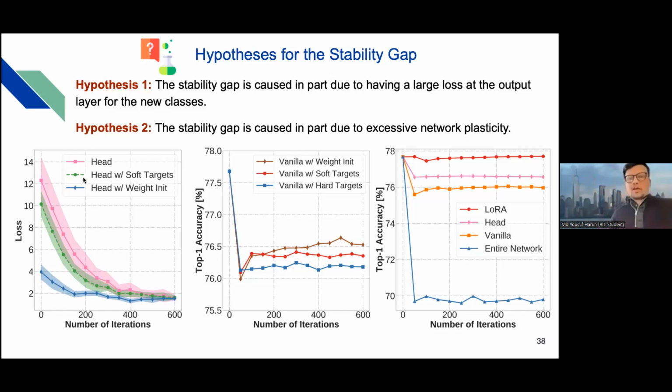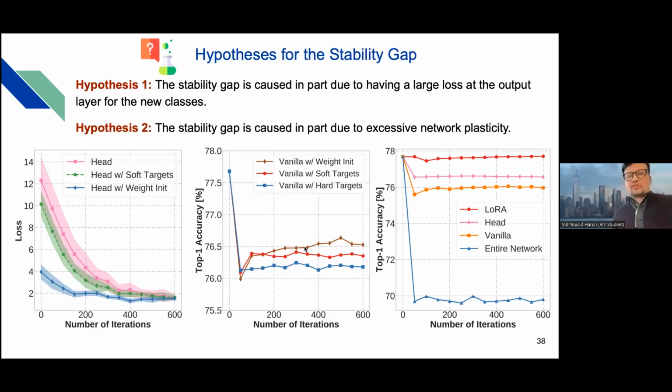Whereas if we apply our mitigation protocol, then this loss can be minimized at the beginning of the training, and then it goes down. And that corresponds to the performance, indicated in the middle figure here. So if we apply mitigation to prevent this large loss at the output layer, then the model performs better in terms of accuracy over time.